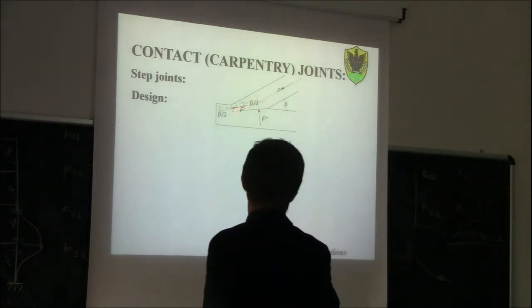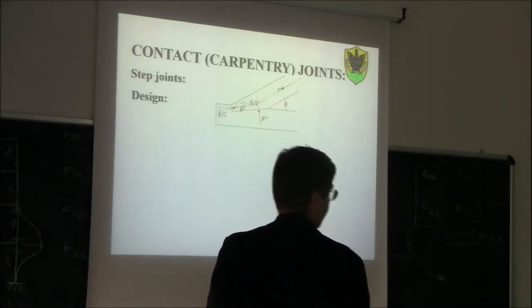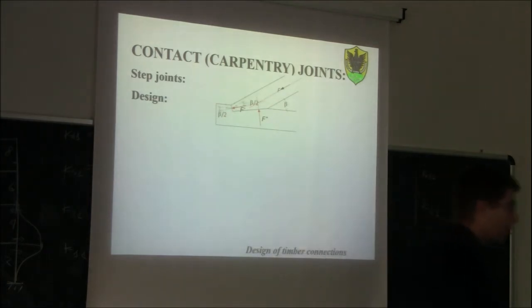If you look now at the other notch, what kind of distribution can you expect in the other one? Linear. And why linear? If you look at this cross-section, what kind of forces will you find on it?